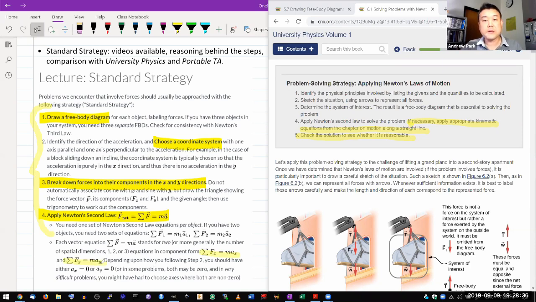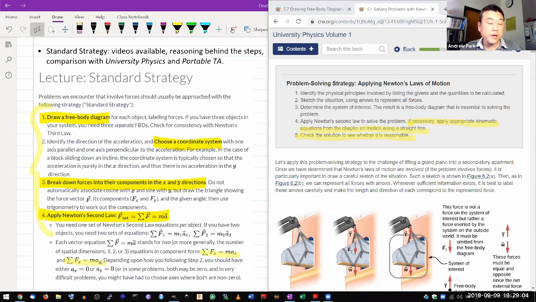left is a system of equations on which you can do the algebra to try to solve for the unknowns. And sometimes, depending on the problem, you might have to bring in additional information, like the kinematics equations, to have enough equations for the number of unknowns you have, and solve that.